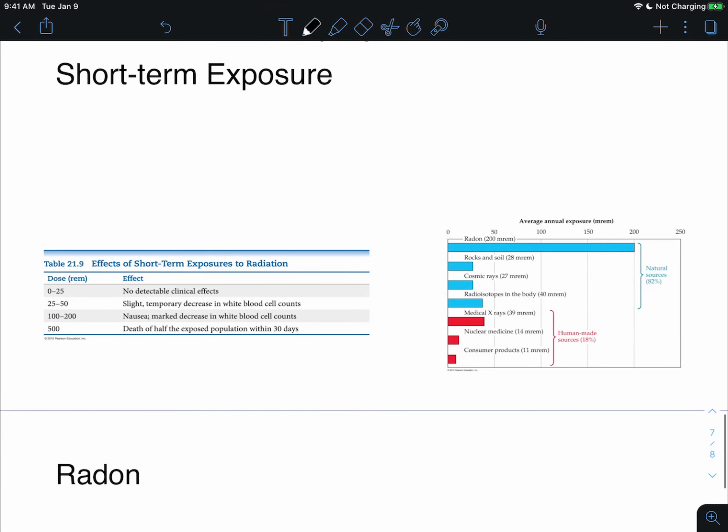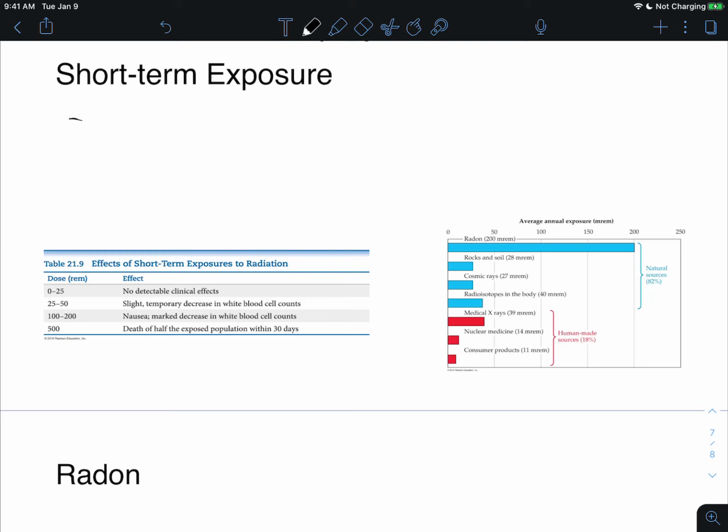Okay, so let's look at what happens with short-term exposure. So generally, long-term exposure is really hard to predict because it depends on the amounts and how long and really the effect on the body itself. But we can look at short-term effects a little bit easier.